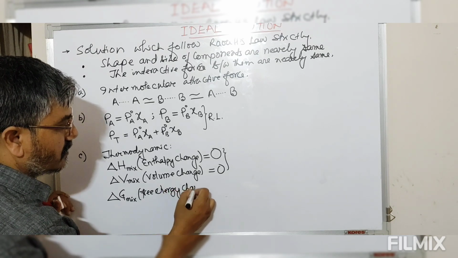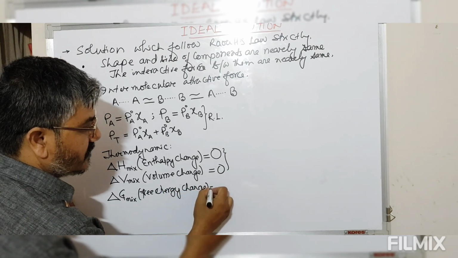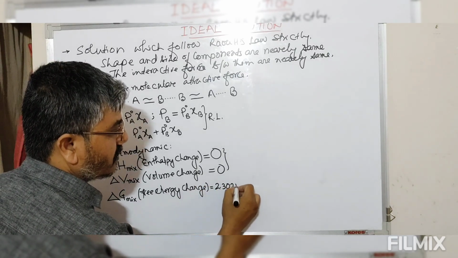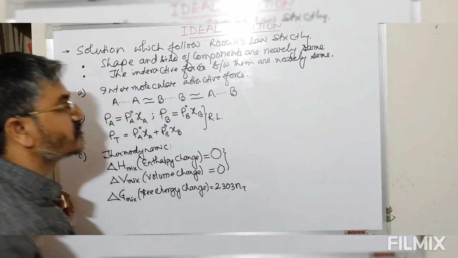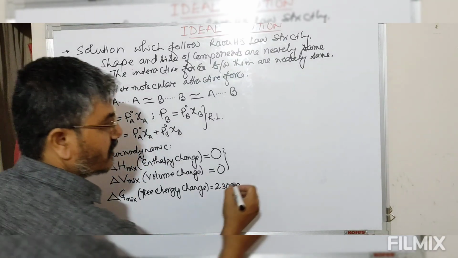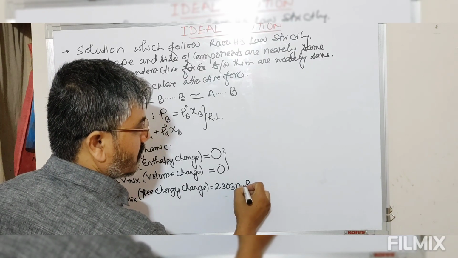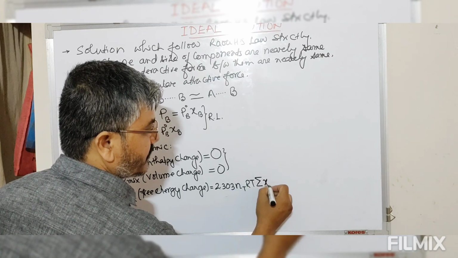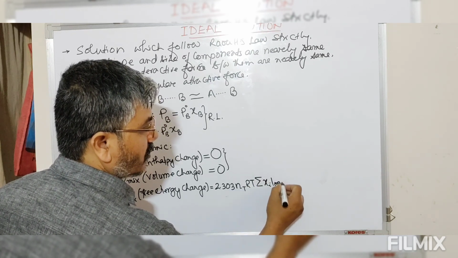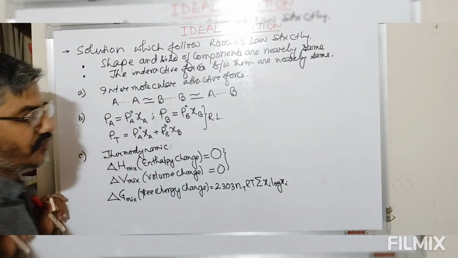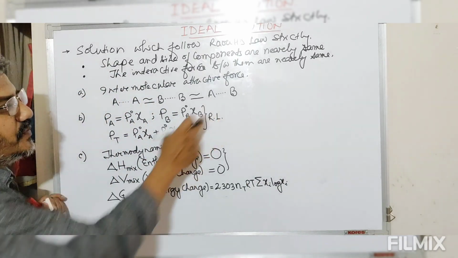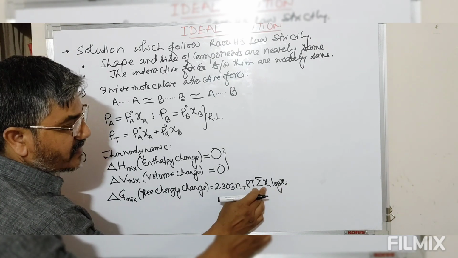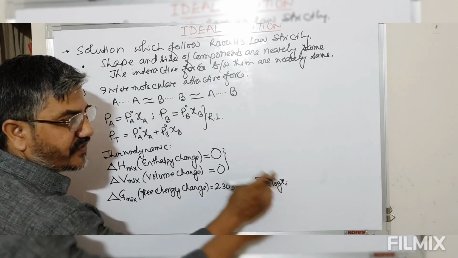The free energy change for this mixing is equal to 2.303 NRT, where N is the total number of moles of A and B present in the solution, times the summation of the mole fraction of each component multiplied by the logarithm of its mole fraction. Since we have A and B, this is the mole fraction of A times log of the mole fraction of A, plus the mole fraction of B multiplied by log of the mole fraction of B.